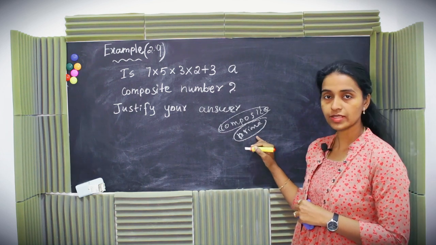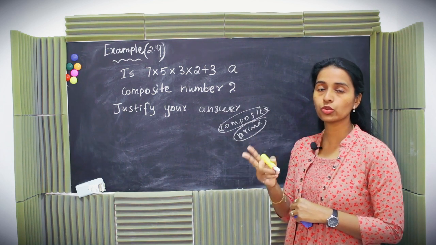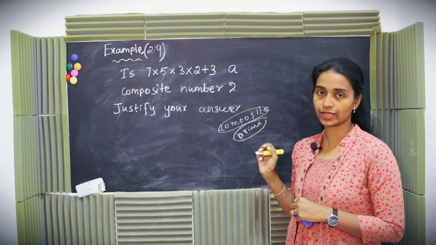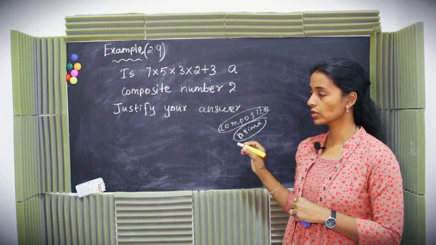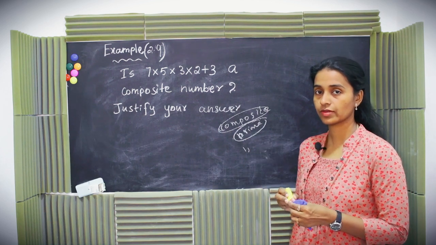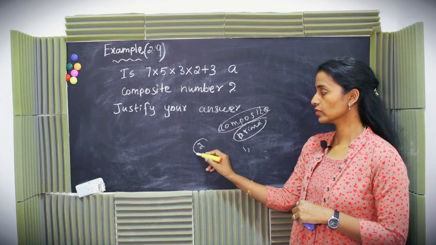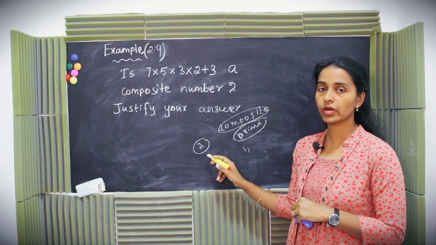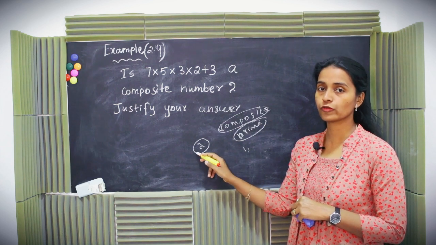So a prime number is nothing but a number which has exactly two numbers as factors. What are those two numbers? 1 and that particular number itself. That means if you want to find out whether the number 2 is prime or not, we have to check the factors of 2.